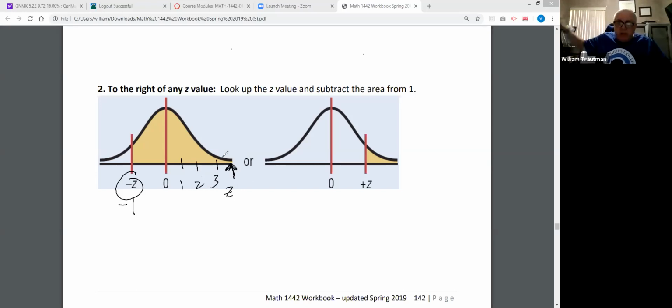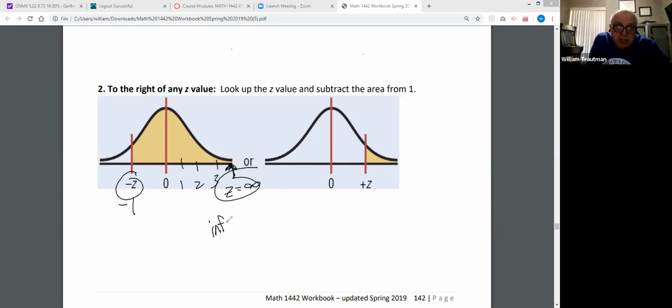What number is way to the right? Infinity, correct? It actually goes on to infinity. But we're not going to use infinity on our calculators. By the way, we would have to actually type in infinity. We're not going to use infinity.